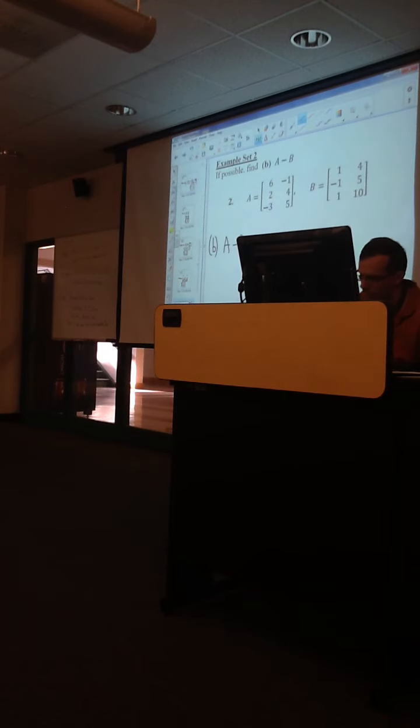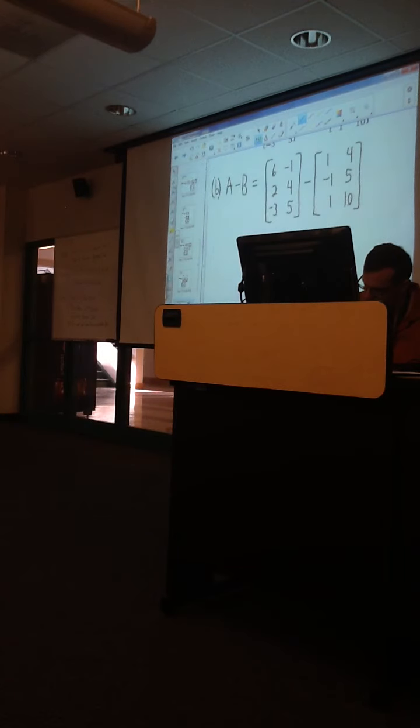So A minus B is equal to 6, -1, 2, 4, -3, 5, minus 1, 4, -1, 5, 1, 10. Watch your negatives, but go ahead and subtract corresponding entries. 6 minus 1 is 5. -1 minus 4 is -5.